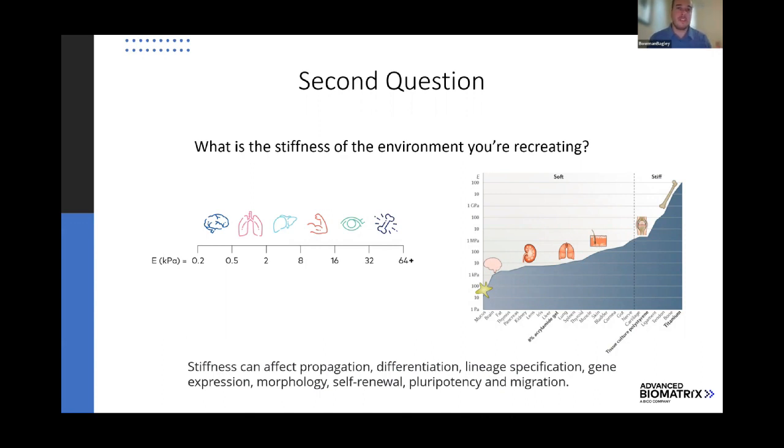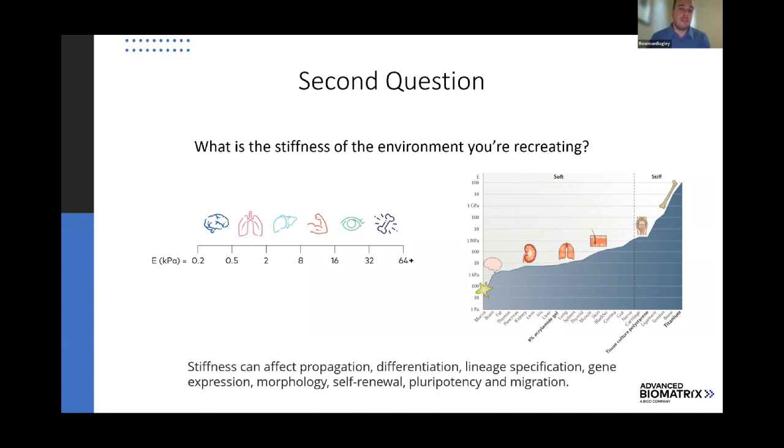So a lot of researchers will have the perfect cells, the right media. It'll be a 3D environment. They'll have the right proteins, but then they're growing neurons in an environment that's as strong as cornea or bone or tendon. And so stiffness can affect almost as much as the protein, right? It can affect proliferation, differentiation. I guess the list is right there at the bottom, but gene expression, morphology.